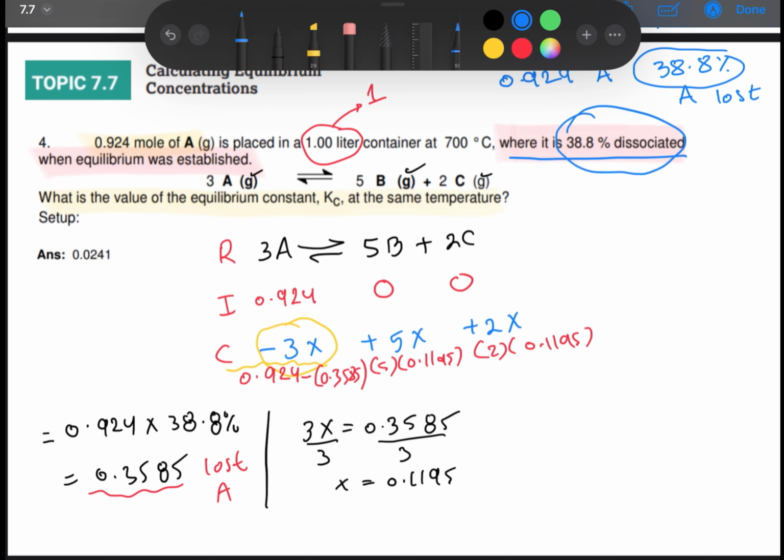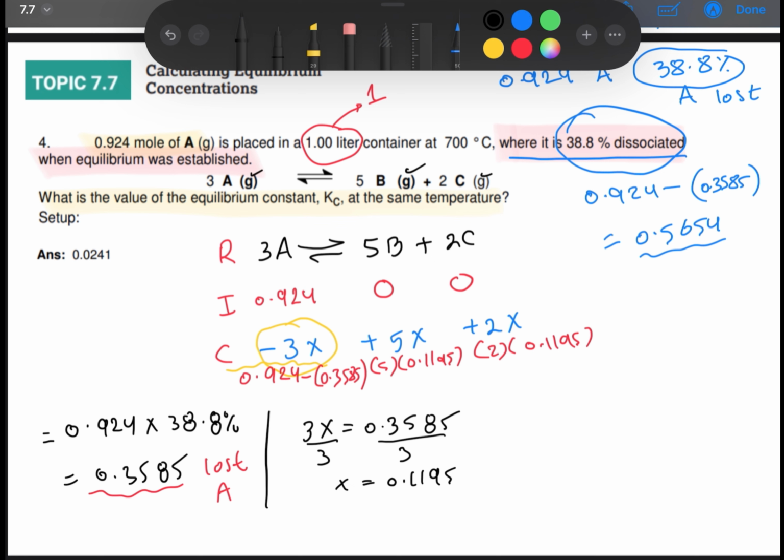Okay, to determine the A at equilibrium, you have to say 0.924 minus the whole thing that was lost from A, and that's why it's going to be 0.3585. And then the answer is equal to 0.5654, which is the concentration of A at equilibrium.